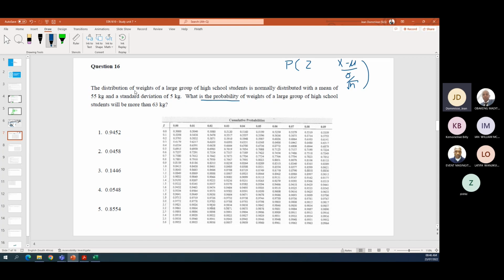So the distribution of weights of a large group of high school students is normally distributed with a mean of 55. Okay, so we can replace that already. Standard deviation of 5.